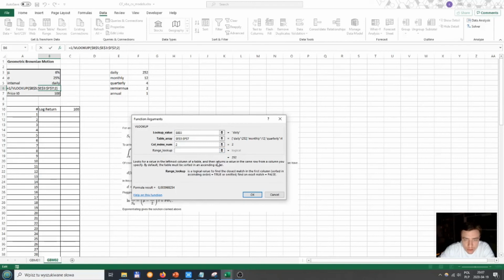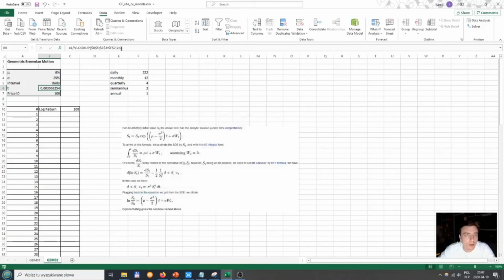The additional optional range lookup argument, we want to have TRUE if we have this sorted in ascending order, or if you want to find an exact match, we use FALSE. In this case it is FALSE, because we have just strings, just text here, so this is how it's going to look, right? So I have 1 over the total number of subperiods based on what the user chose here.